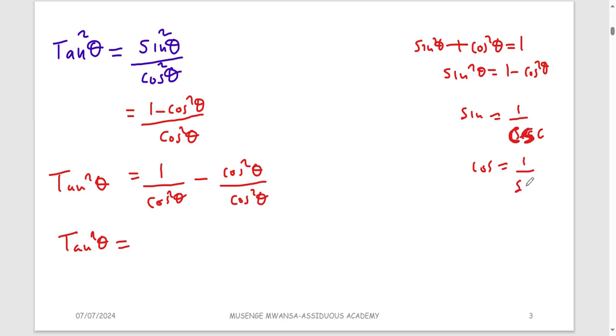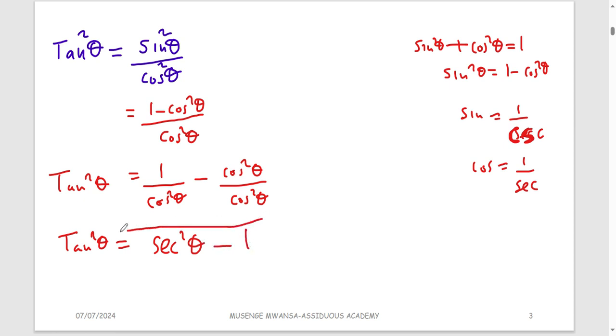For cos it is sec. So from here, since we have 1 over cos, and 1 over cos is sec, just like 1 over sec is cos, because it is cos squared, this is going to be sec squared theta minus cos over cos, that's a 1.